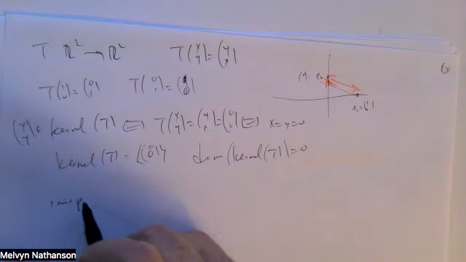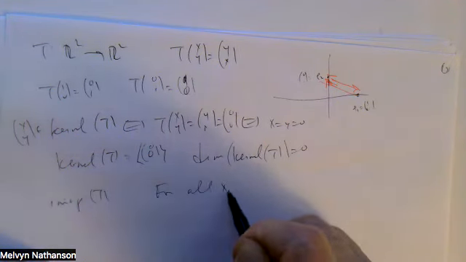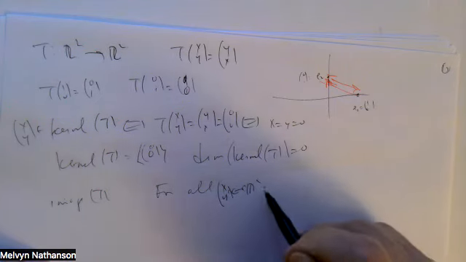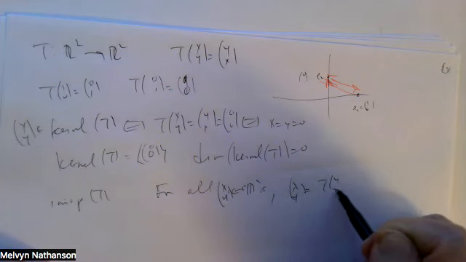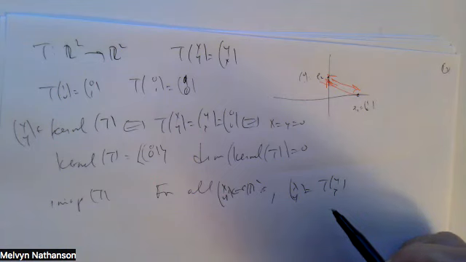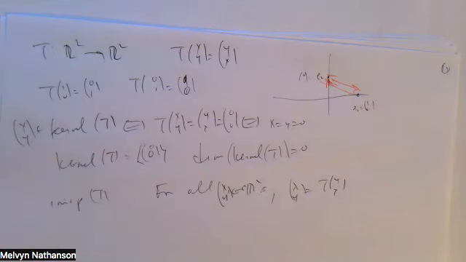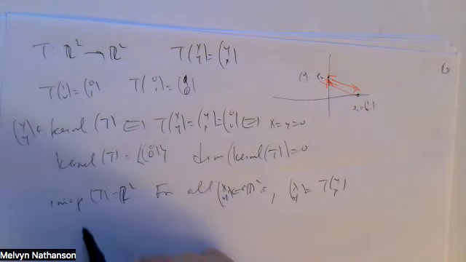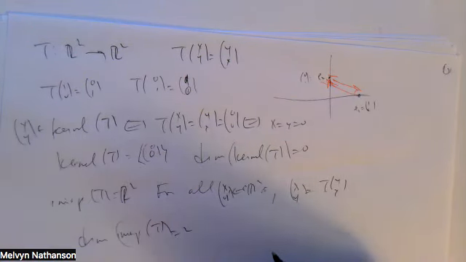What is the image of T? Well, for every vector (x, y) in R2, (x, y) is T of (y, x). So every vector is in the image of T. The image of T is all of R2.